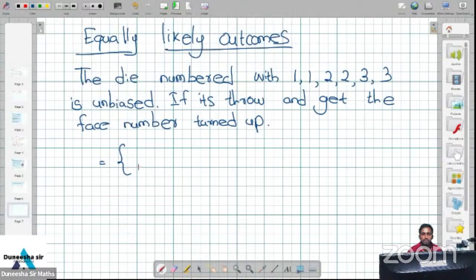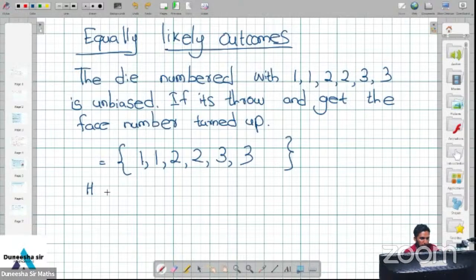What are all the outcomes that we can take? What are the sample spaces? What is the sample space? Now I am gave the sample space. What is the sample space? 1, 1, 2, 2, 3, 3. Okay. Then how many ones here?